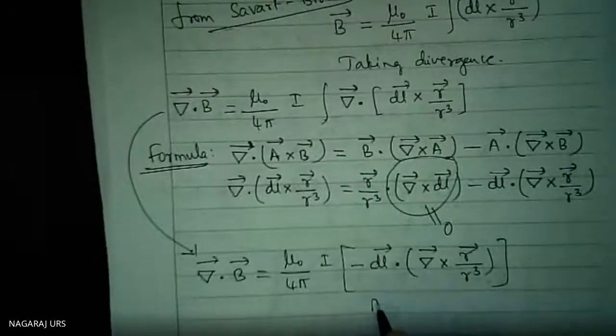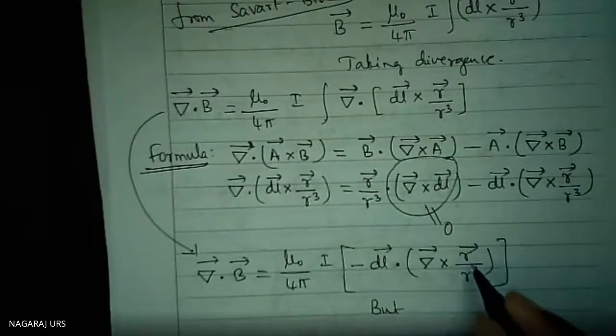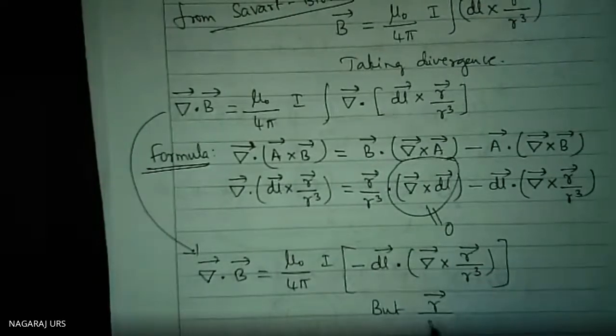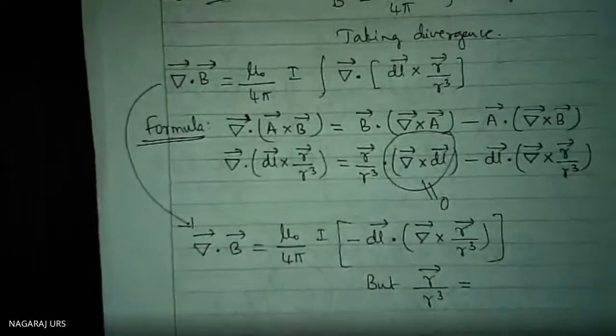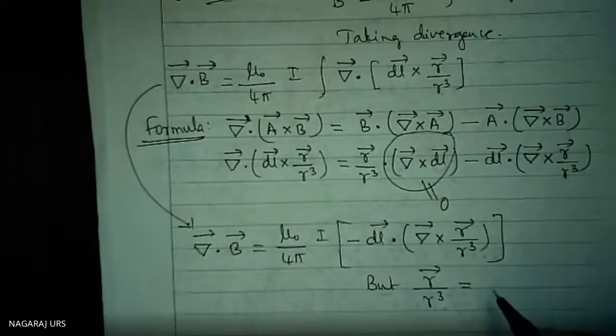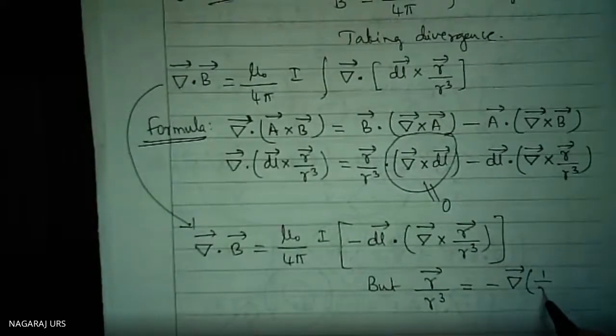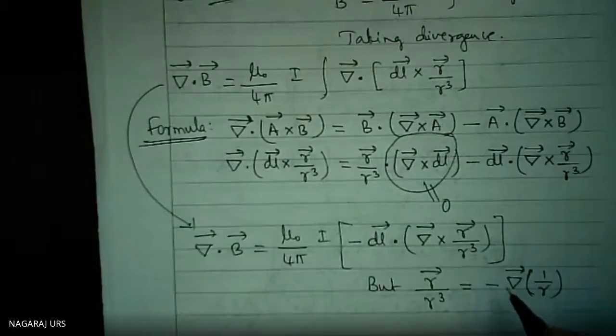But this r divided by r cube can be written as minus del of 1 by r. If you take the del operator for this, you are going to get r divided by r cube.